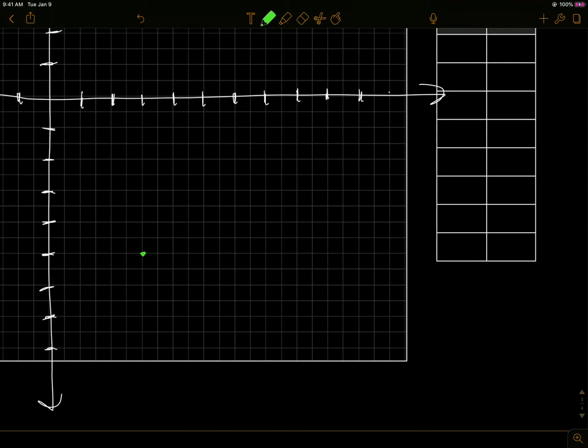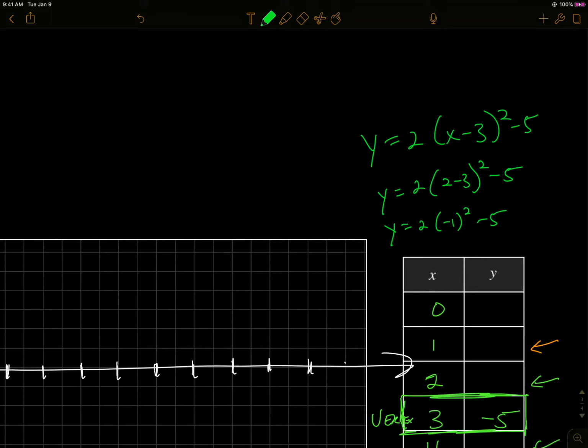If I plug a 2 into that, y equals 2 times negative 1 squared minus 5. Negative 1 squared is just a positive 1, so then it's negative 3. And then I know by reflection, that one's also going to be negative 3.